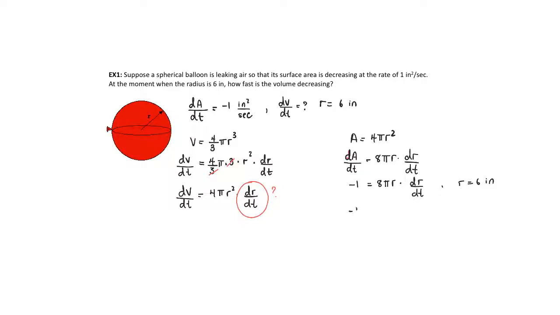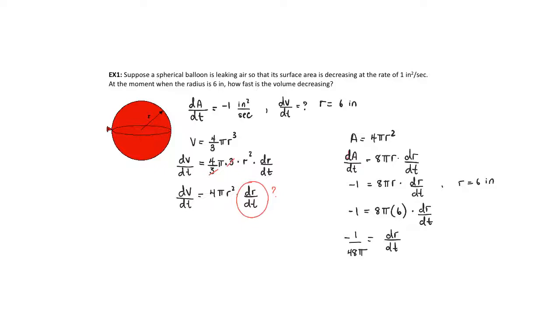So I'm going to have -1 equals 8 pi times 6 times dr by dt. And then when I rearrange everything, I'm going to get that dr by dt will equal -1 divided by 48 pi. I'm just skipping a few steps in there.